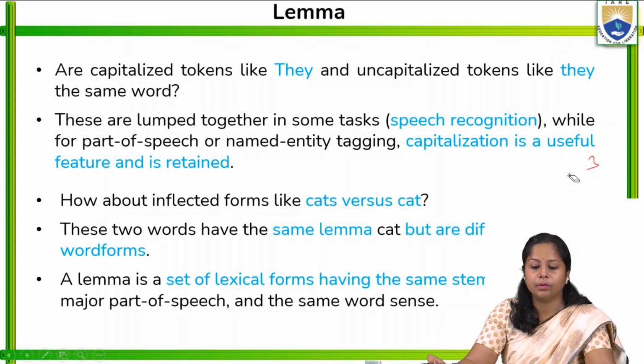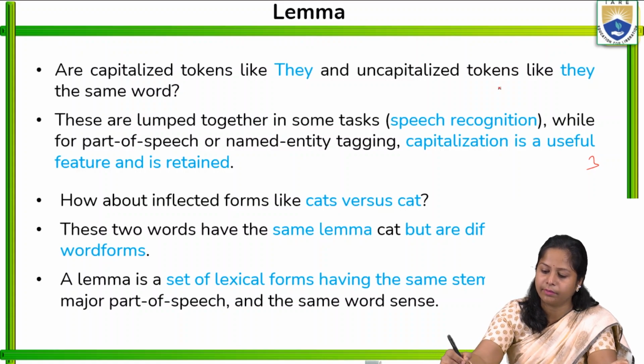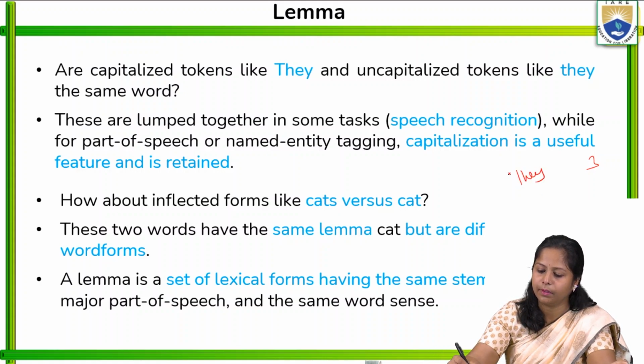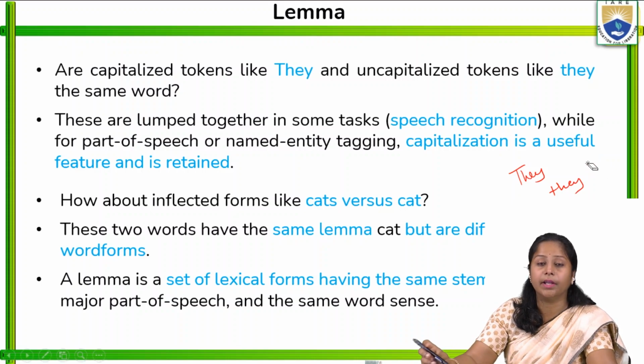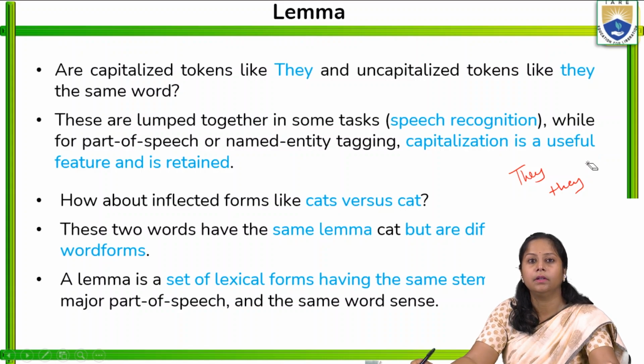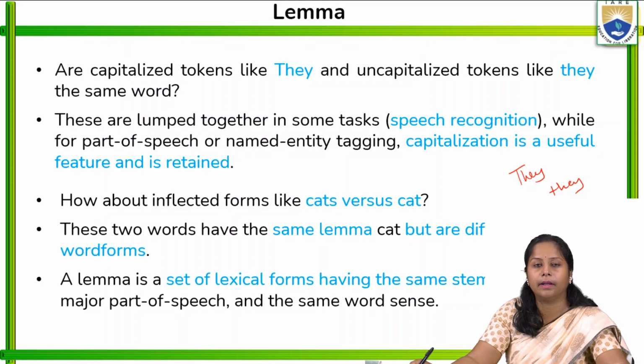Now lemma. If I talk about "They", with a capital T, and "they" with a small t, are they similar or different? How do we treat them when we do pre-processing in the Python language with NLP libraries?